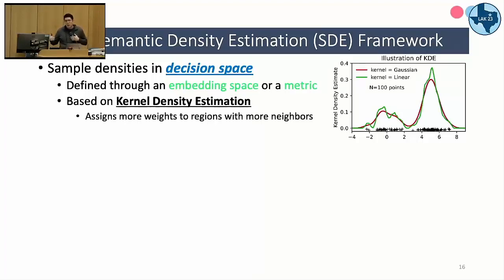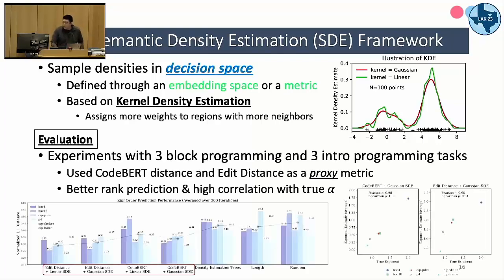Kernel density estimation is essentially a way of assigning weights to regions so that regions with more observations get higher weights. And we evaluated this on six programming assignments that I analyzed in the earlier slides, and achieved better rank prediction than simple baseline methods, and an estimate of alpha that is highly correlated with the ground truth.